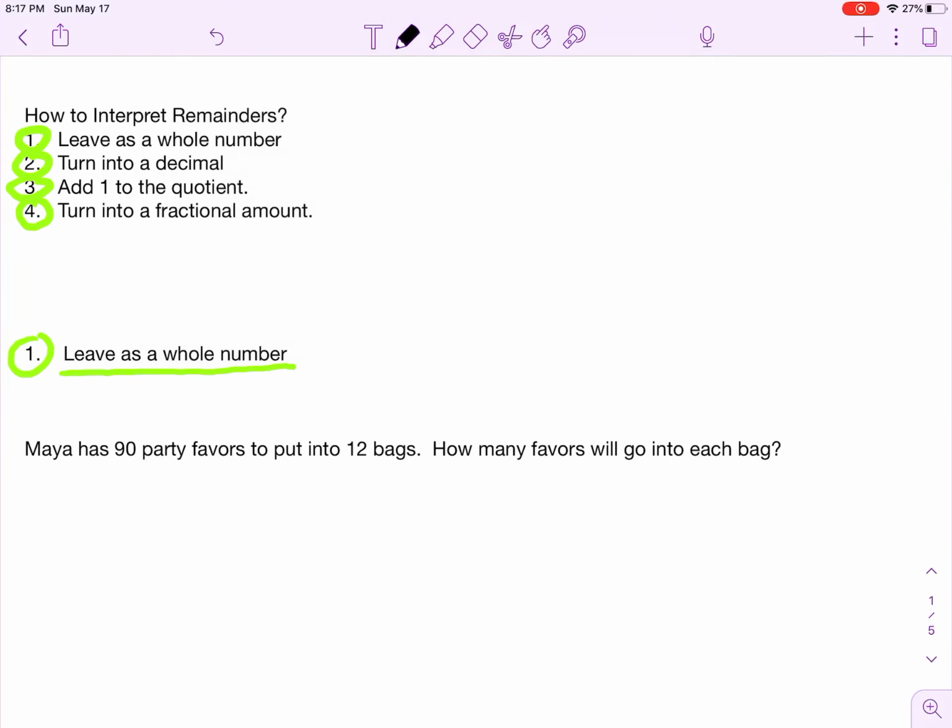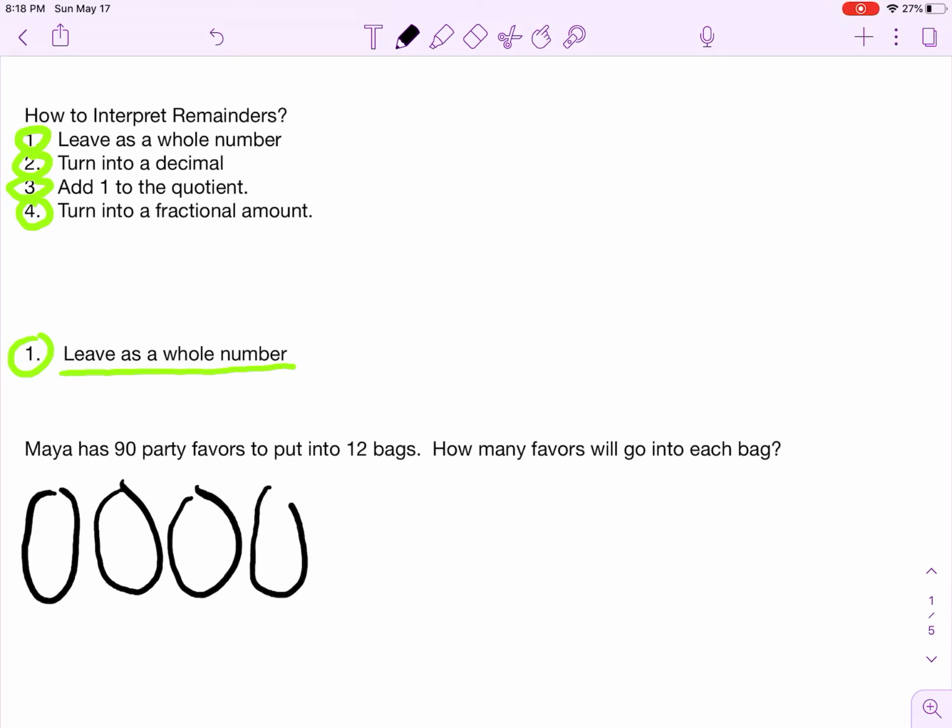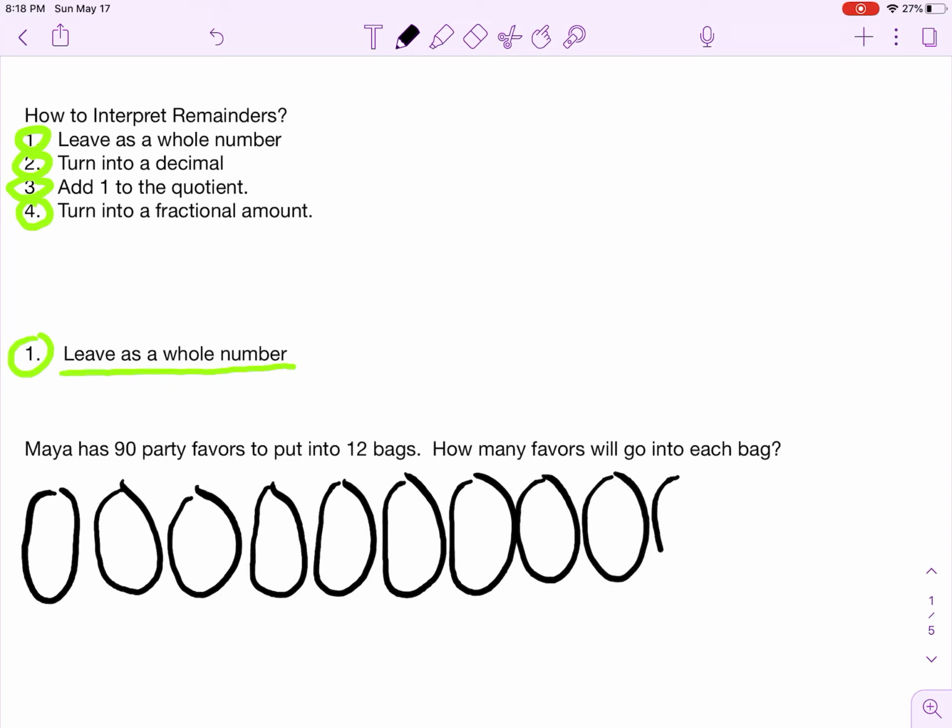So if I set this up and I create bags for Maya, and I'll just do 12 bags, 1, 2, 3, 4, 5, 6, 7, 8, 9, 10, 11, 12. I know using my 12 facts, 12 times 7 would give me 84.